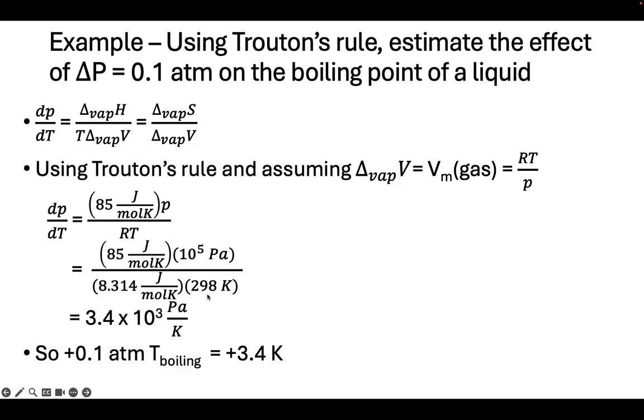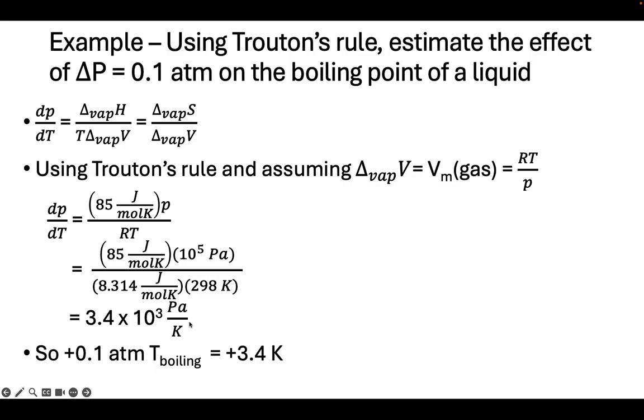And then we put in R and T. This was something that was boiling at or near room temperature, and you end up with 3.4 times 10 to the 3rd pascal per Kelvin, which means that if you increase the pressure by 0.1 atmospheres, which would be 10 to the fourth pascal, the boiling point would go up 3.4 Kelvin.